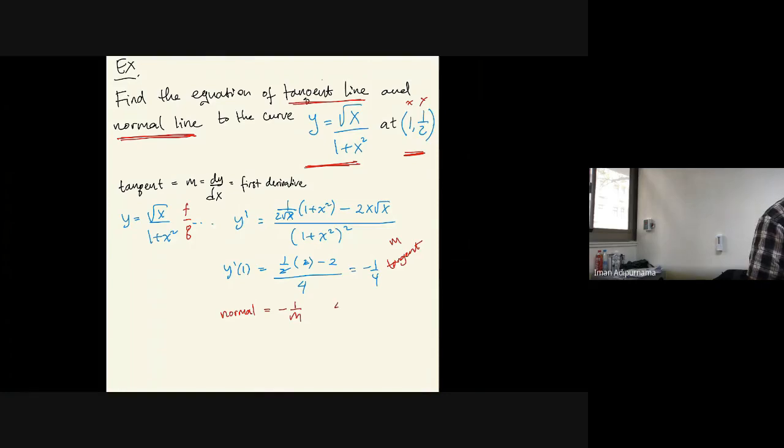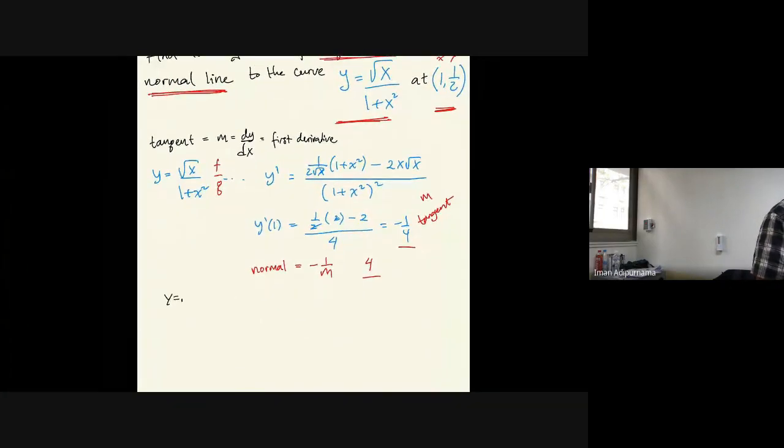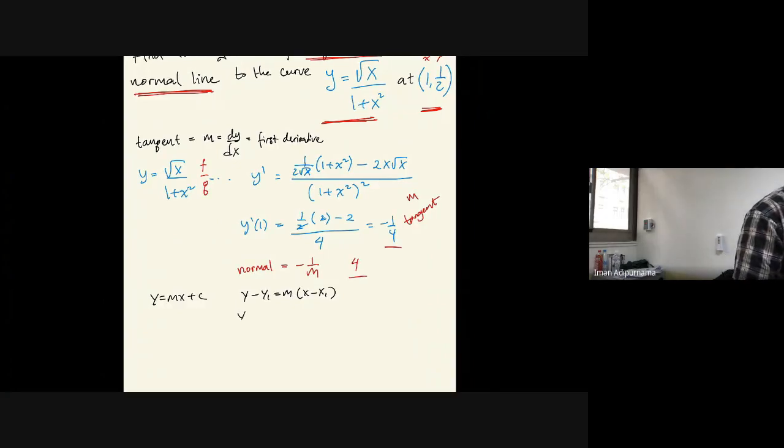The normal will be 4 in this case. So you have negative 1 over 4 and normal is 4. And for the equations, you can just use either this part or this equation. The same results.